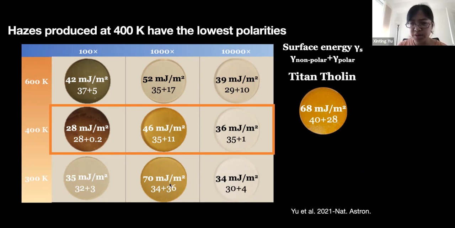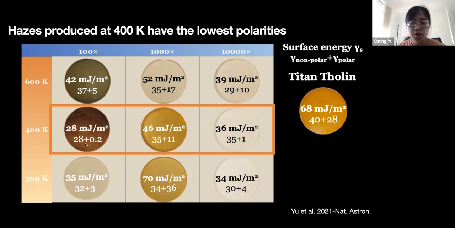But in general, we think there's somehow a magical temperature around 400 Kelvin, where we tend to produce the hazes with the lowest polarity and the lowest surface energy. Even though each of the experiments has different gas compositions, and some of the experiments have similar ones, somehow 400 Kelvin is a magical temperature that gives us the lowest surface energy.